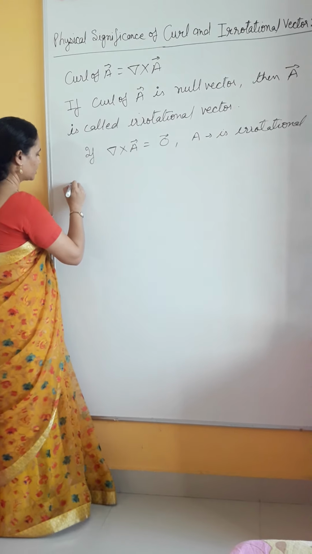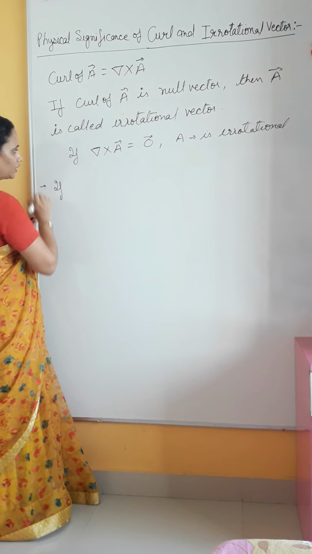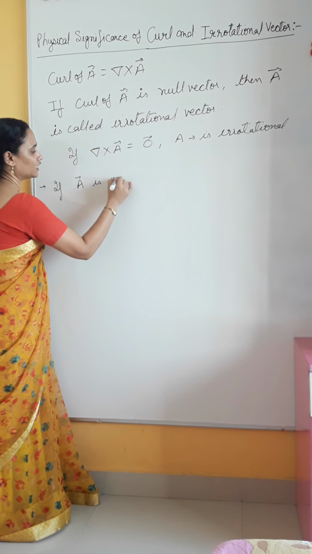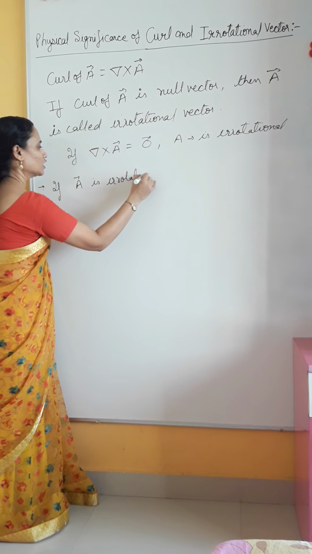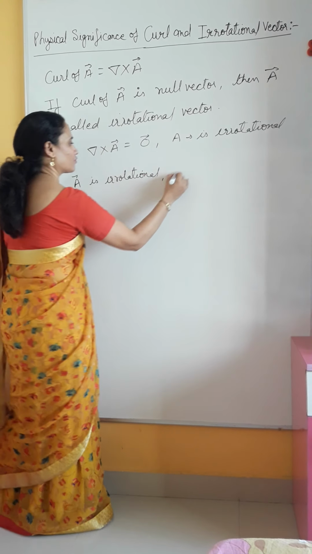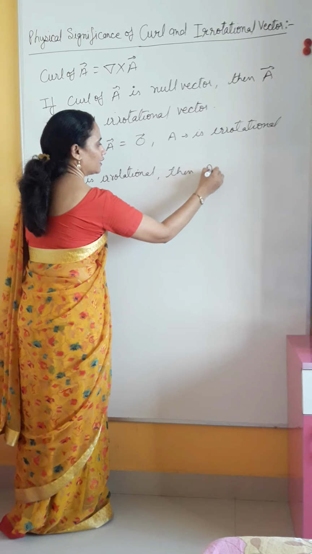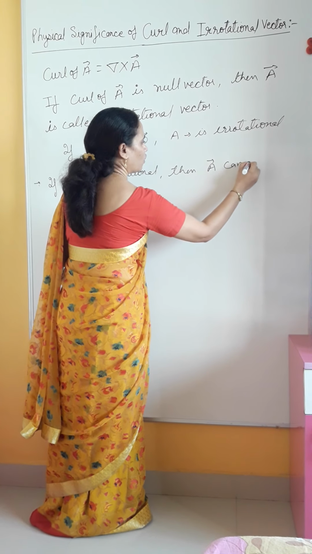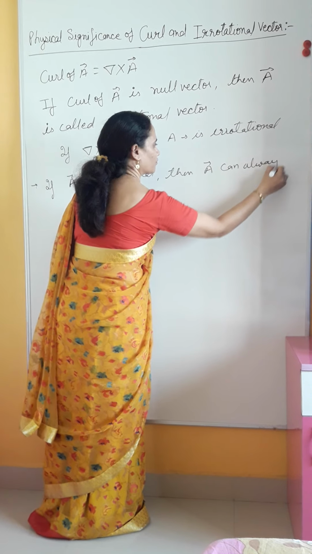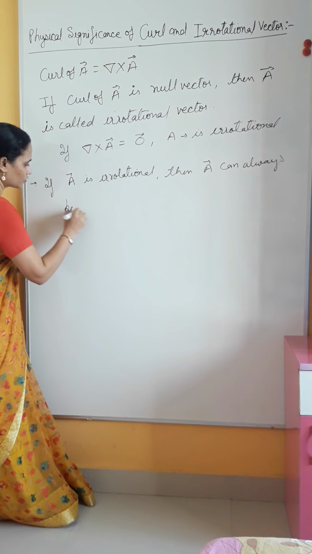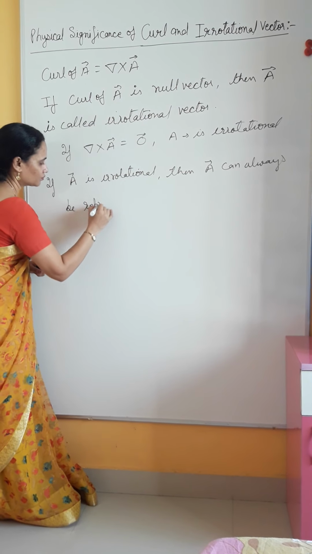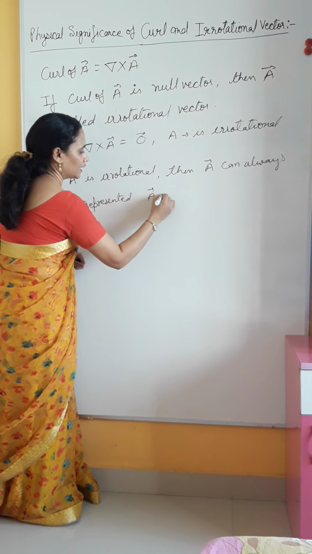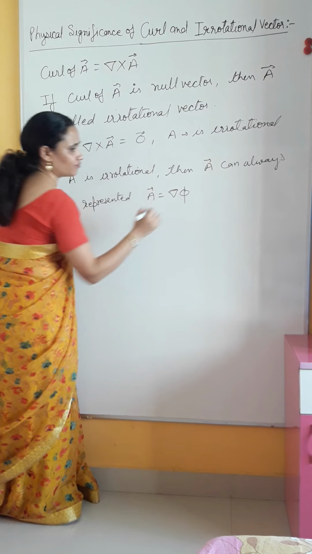Now we have one more property: if A is irrotational, then A can always be represented as gradient of some scalar function.